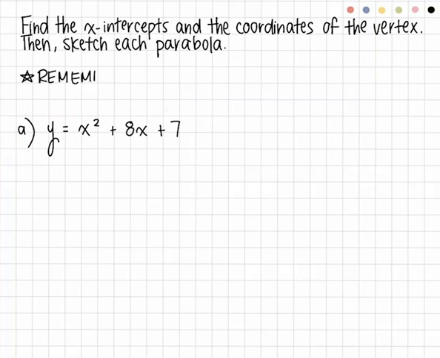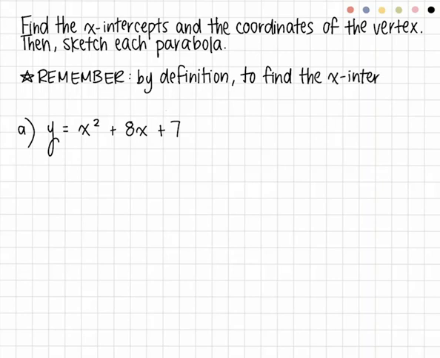So we're going to write: remember, by definition, to find the x-intercepts, we have to set y equal to 0. That's exactly what we're going to do in our first example. The first thing we're going to do is set y to 0, like so.